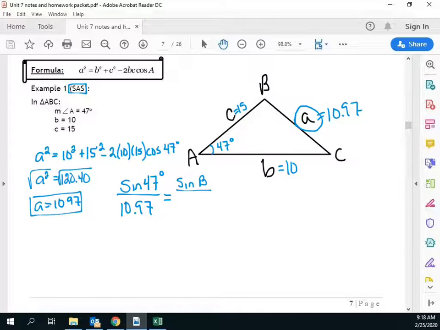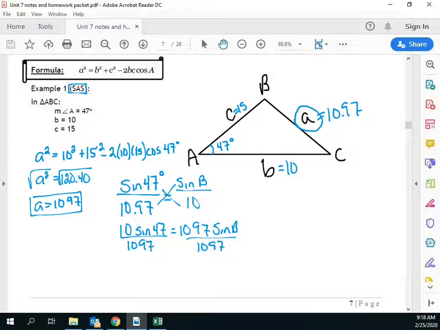Does not make a difference though, guys. It really doesn't. Cross multiply. Sine. And then divide, right? And so what you see now is this goes away. Once we do the inverse sine of this, we will get what our angle B is. So a second sine.